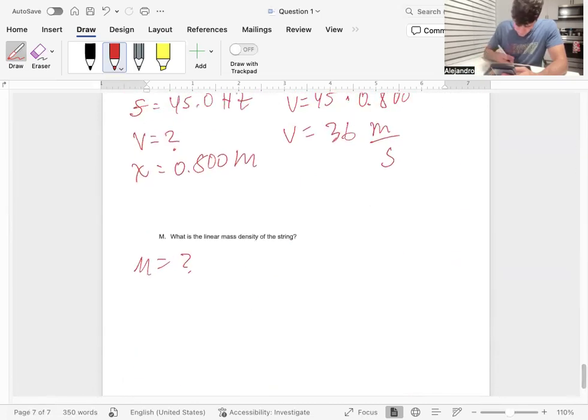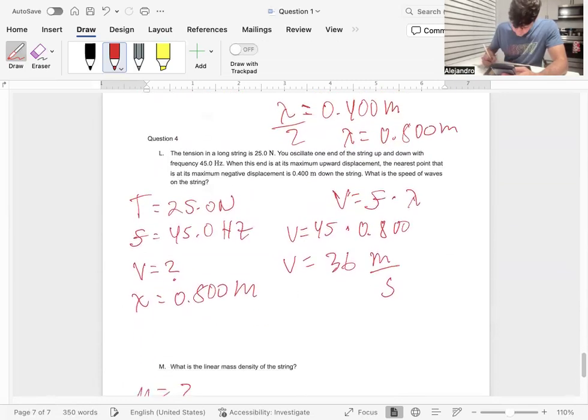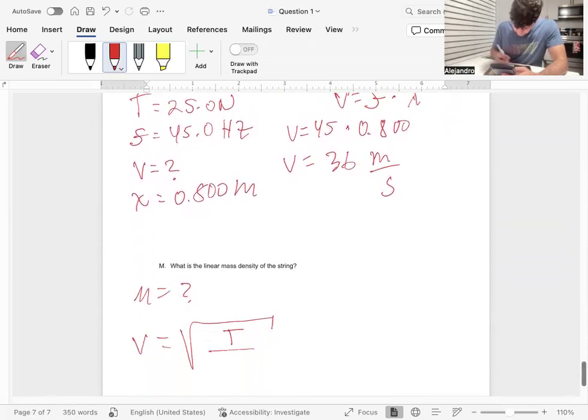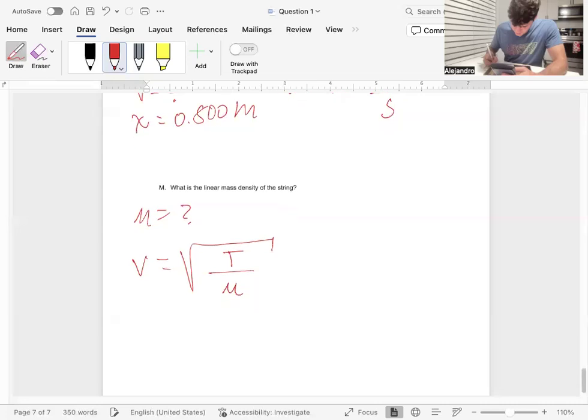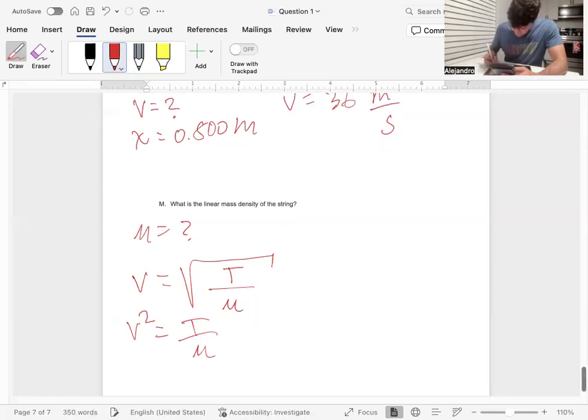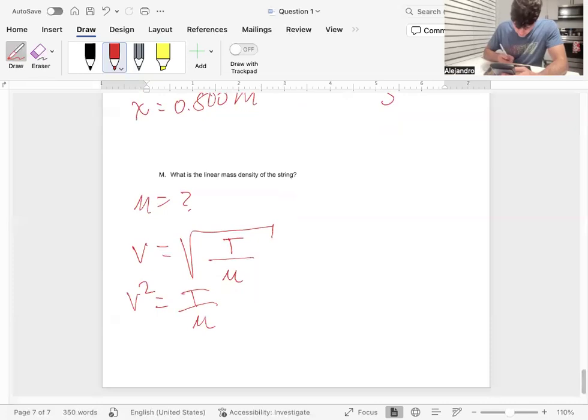Well, I believe it is related to tension and speed. We are going to move terms to the other side.